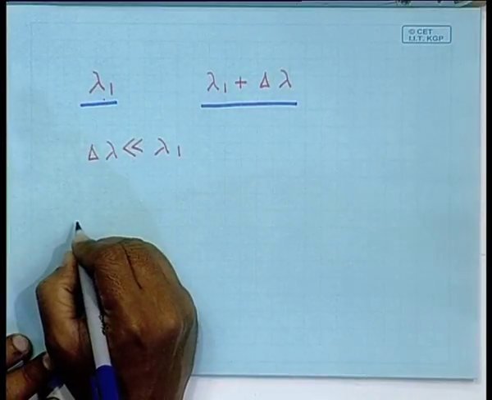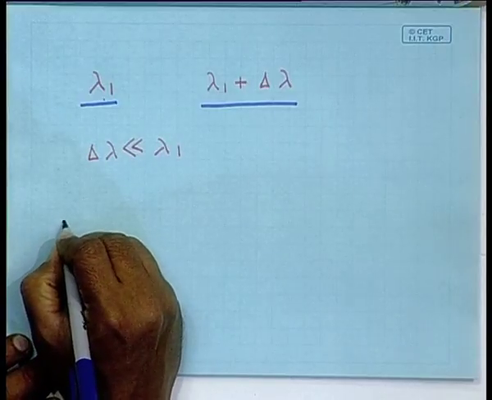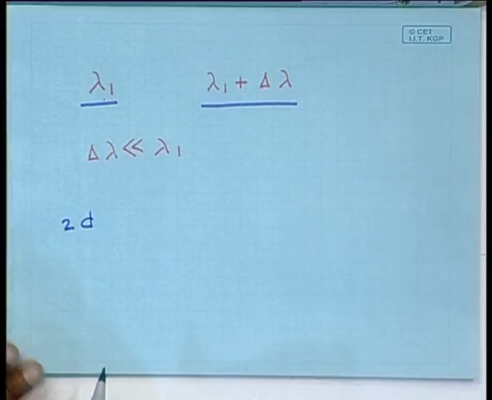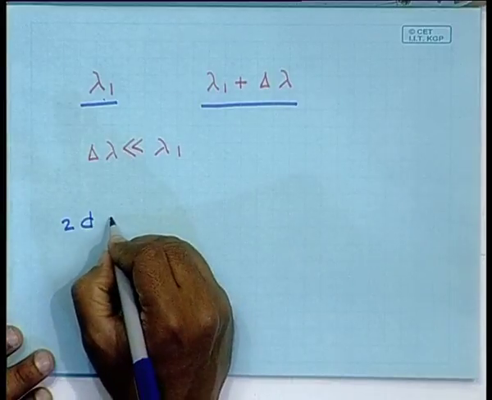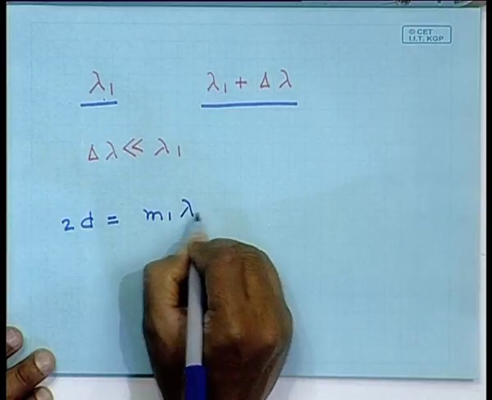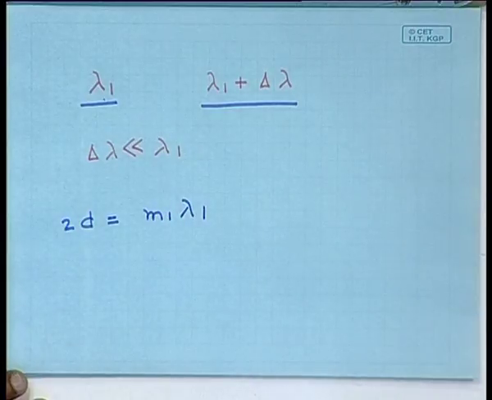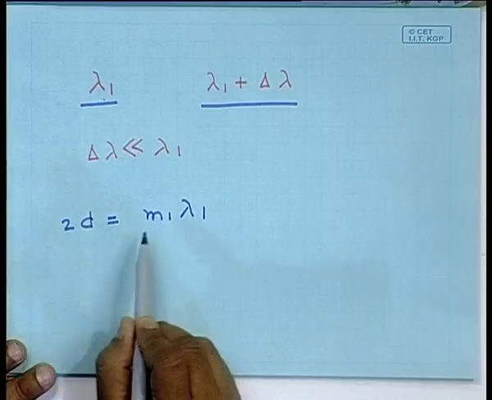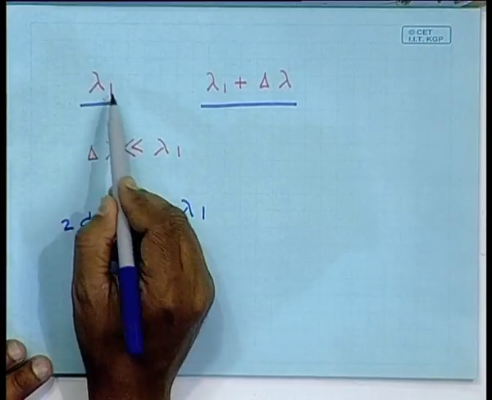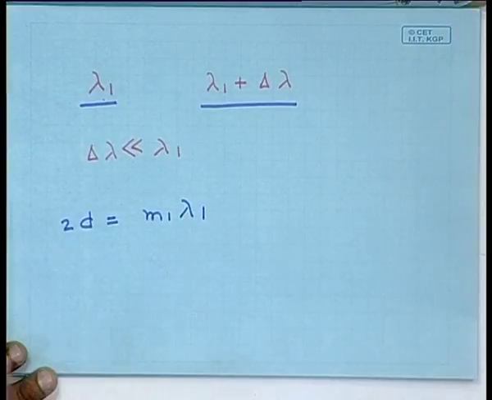So, the condition that has to be satisfied is 2d. I have to adjust the difference in the two arm lengths, so that 2d is equal to m1 lambda 1, where m1 is an integer. If I adjust d so that this condition is satisfied, the fringe pattern produced by this wavelength lambda 1 will have a dark spot at the center.